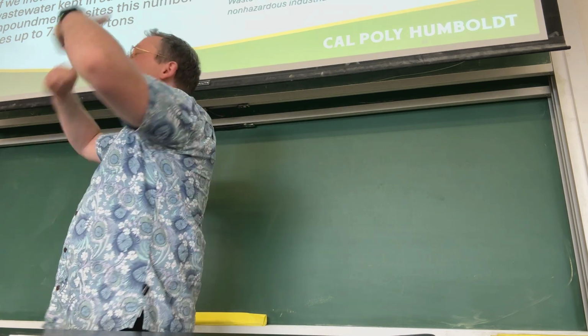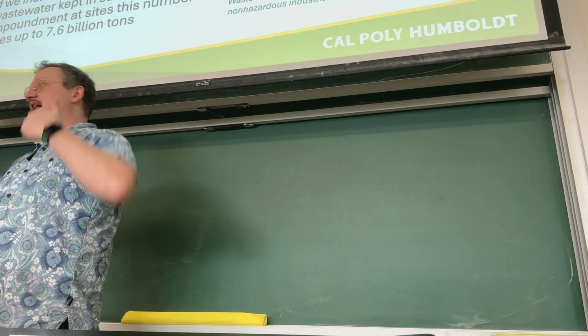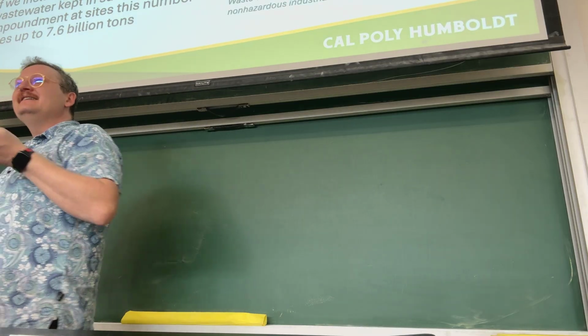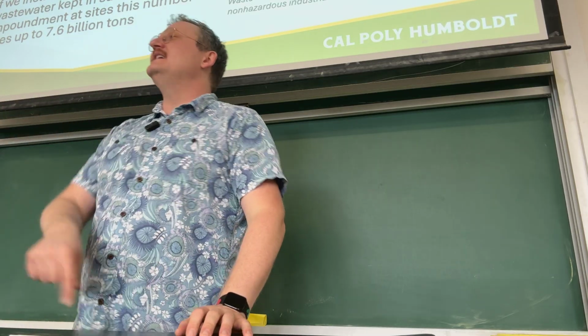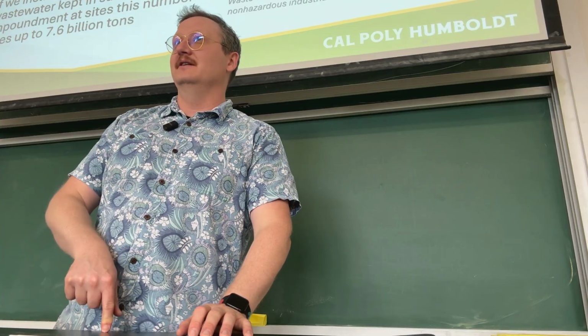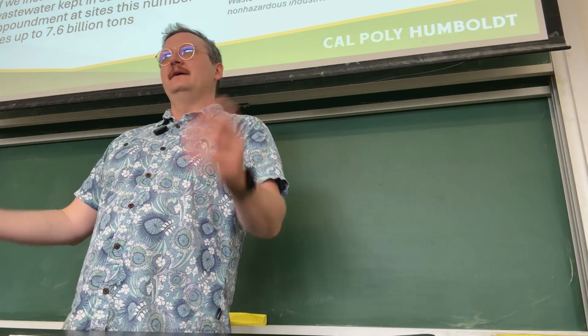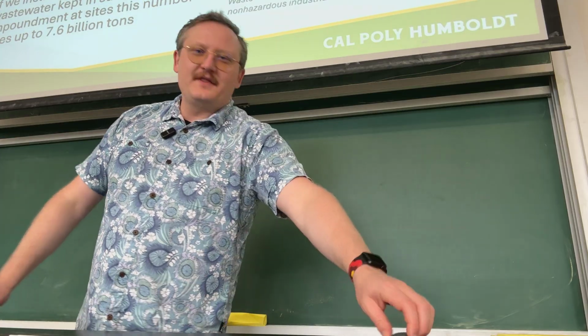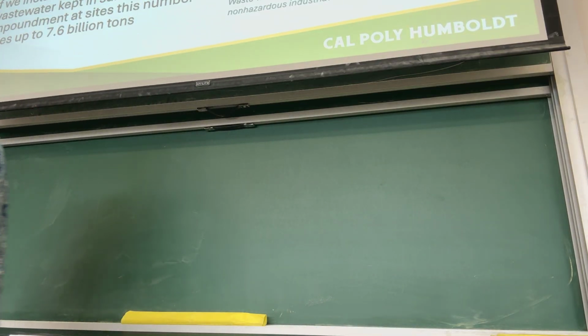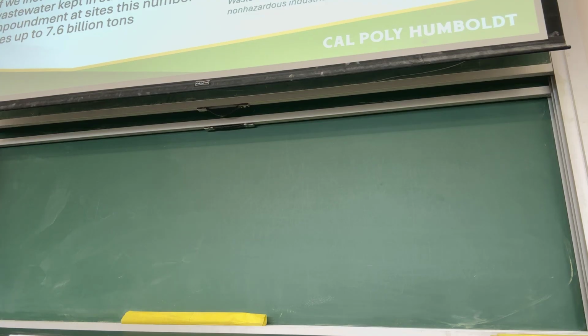Now that ramps up your industrial waste number drastically, and it misrepresents what the industrial waste streams are. It makes you think that it's all wastewater. It's important to think about, because then you ignore other aspects of industrial waste, like solid wastes.